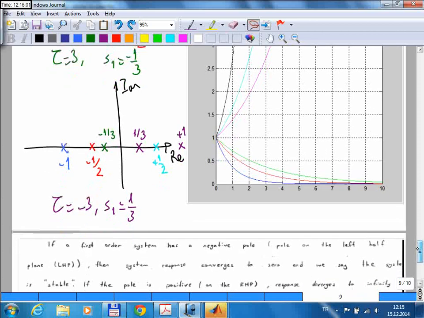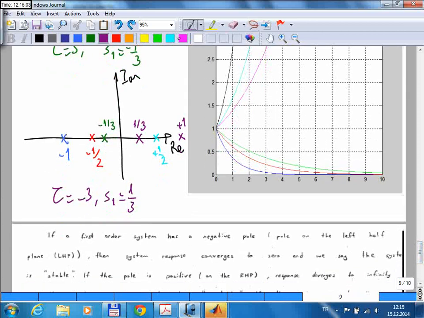For example, if you have a pole very, very close to the origin, let's say at 0.01, then the time constant will be equal to 100 seconds. That means it will take 100 seconds for the system to reach this level, 0.37.